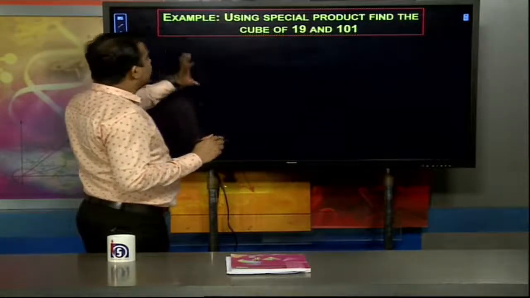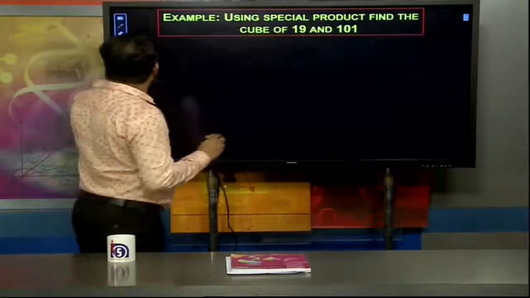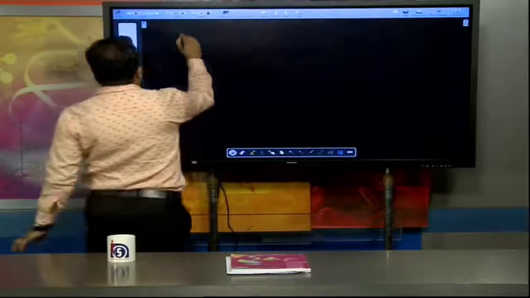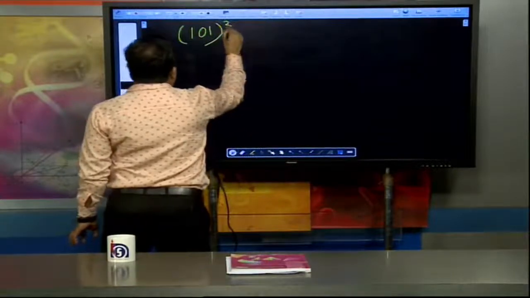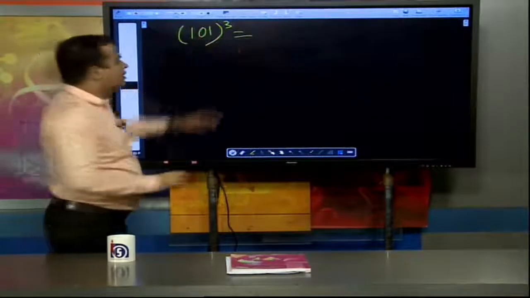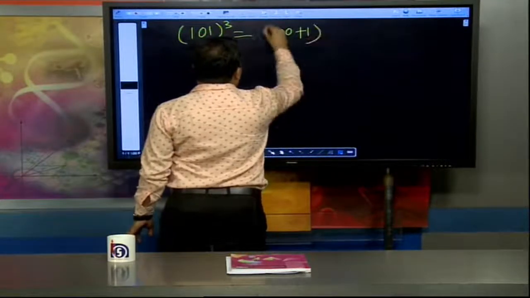Suppose, using special product, find the cube of 101. Learners, I can write 101 cube as (100 plus 1) whole cube.